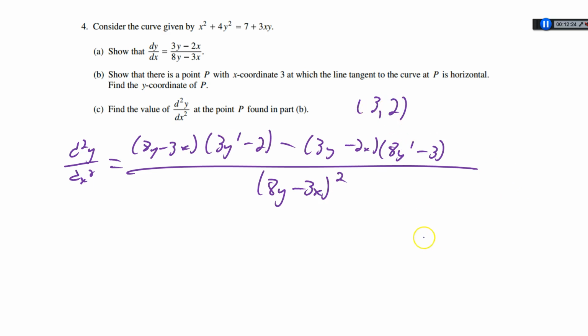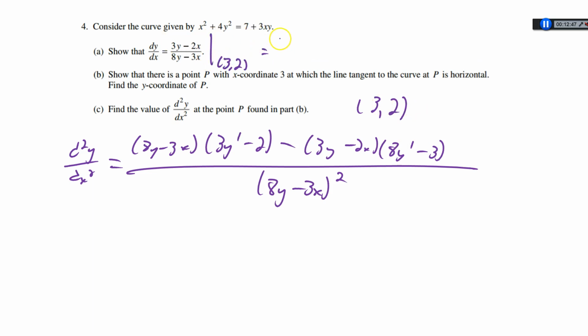Well, we have some y primes in there. Now, if you remember, we have two choices here. One is we can take this thing, this honker, and put it in where both of these y primes are. That sounds messy. What I'm going to do instead is put (3, 2) into it. So I'm going to evaluate this at (3, 2).